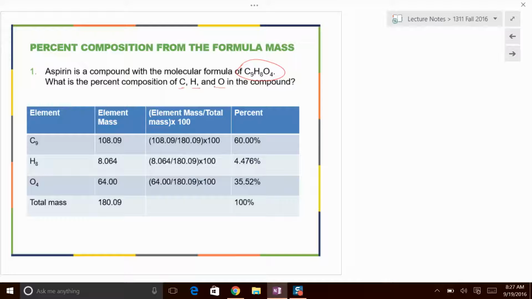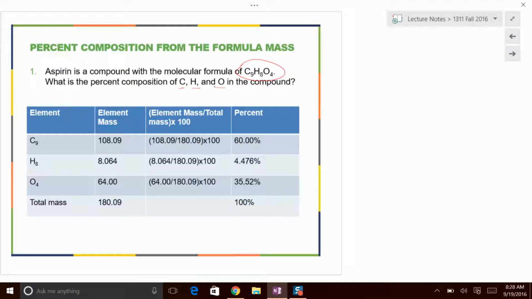Is everybody okay with how I got that? 12 times 9. H8, 1.00794 times 8, and I get 8.064. 16 times 4, and I get 64. I add those together, and I get 180.09. That's how much that thing weighs.